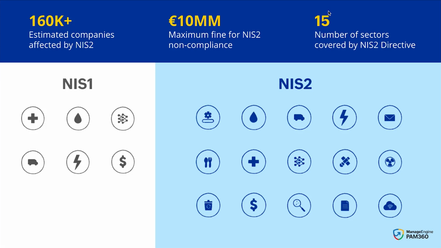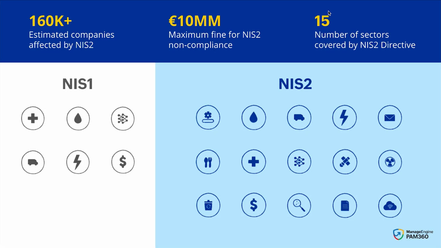NIS2 calls for data handling, HR, asset management, service management, and whatnot. These are all IT terms with respect to security that are sprinkled throughout the document. But what we will specifically focus on is identity and access management and the essential controls that will help you achieve NIS2 compliance when it comes to identity security in general.